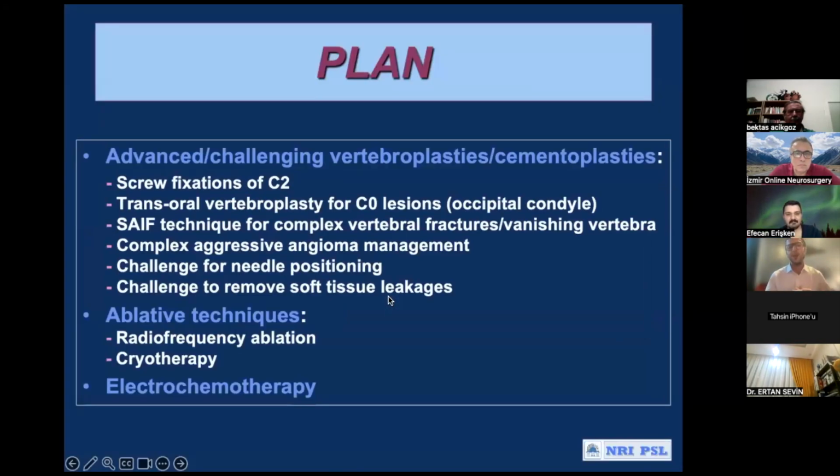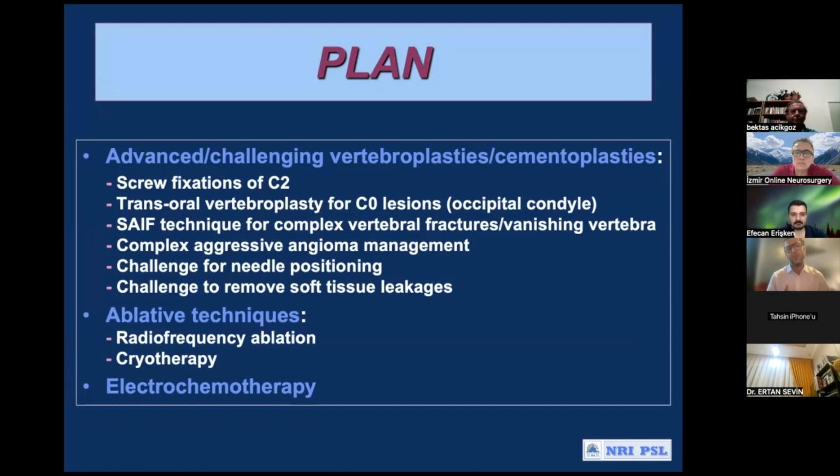This is the plan of this presentation. We will focus first on advanced and challenging vertebroplasty cementoplasties. I will discuss screw fixation of C2 lesion. We will speak about transoral vertebroplasty for lesion involving the occipital condyle. I will talk about the safe technique for complex vertebral fracture and or vanishing vertebra due to osteolytic metastasis.